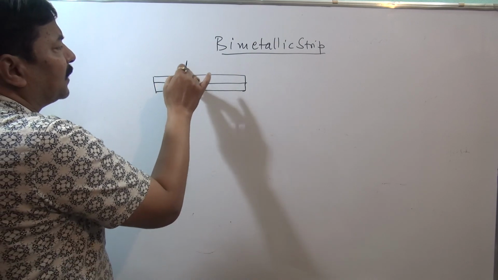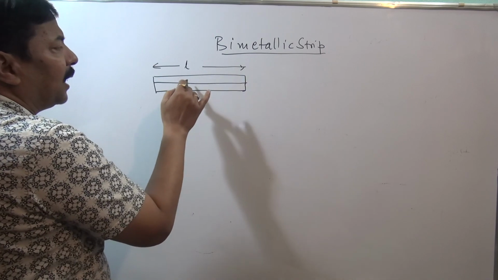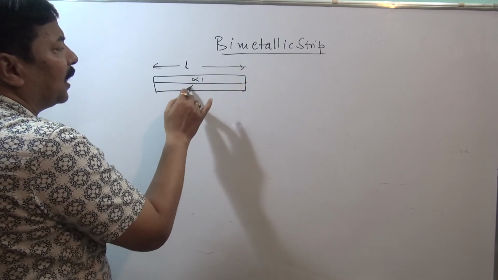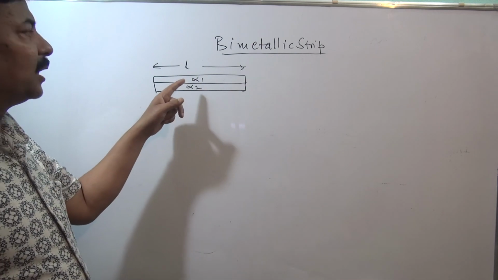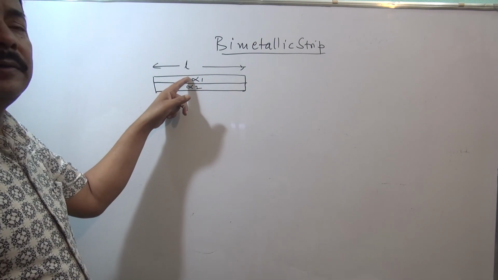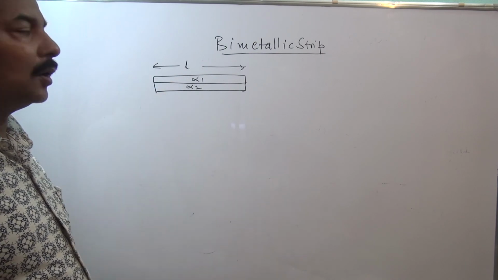So length remains the same. Here it is alpha 1, here it is alpha 2. Alpha 1 is the coefficient of linear expansion of rod 1, the upper rod, and alpha 2 is the coefficient of linear expansion of the lower rod.